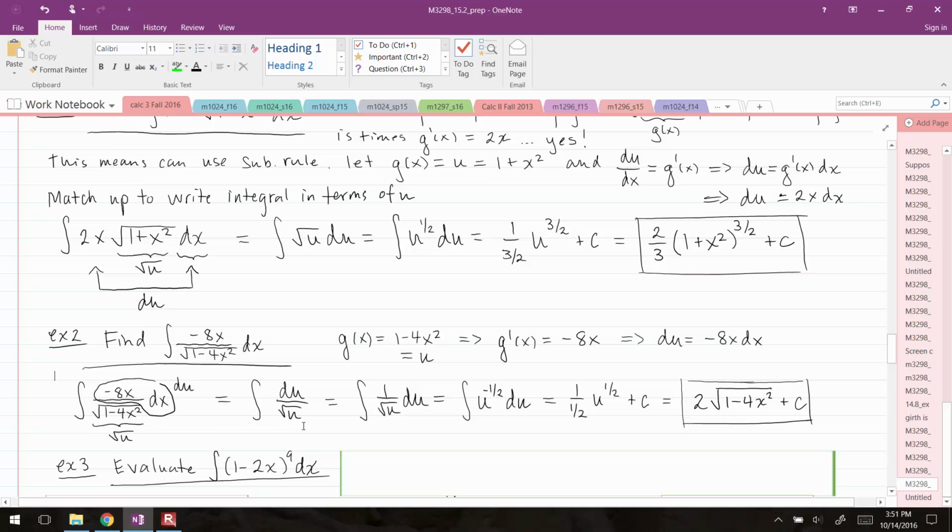This is the substitution in terms of u, and I have du over the square root of u, which notice you can just use the power rule for that if you just do a bit of algebra. So this is going to be 1 over u to the 1/2, which can be written as u to the negative 1/2 overall. Just use the power rule, and you get plus 1 is 1/2 power, divide by that, put your plus c, back substitute your u in there, and you're done. You get 2 times the root of 1 minus 4x squared.